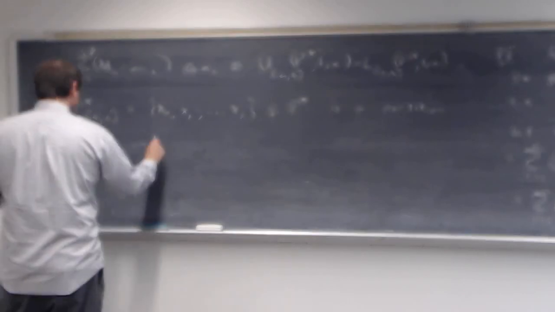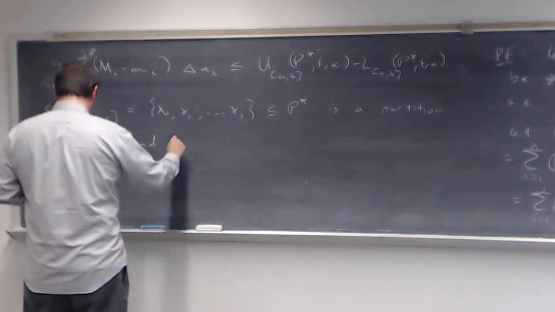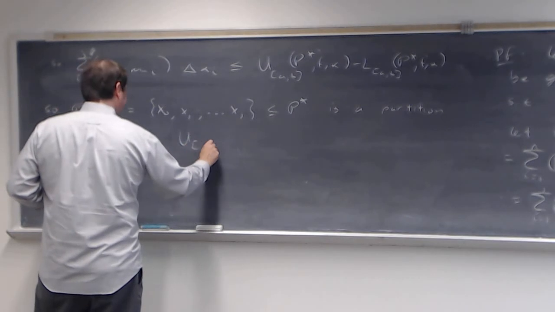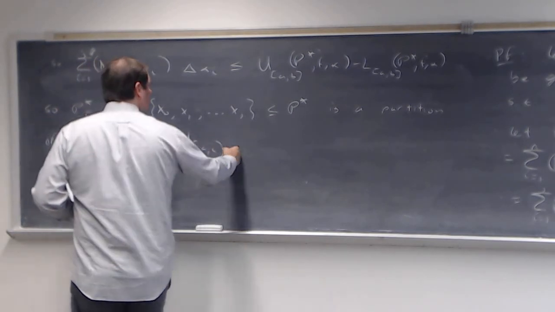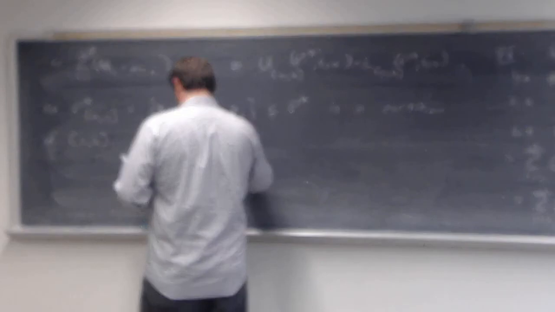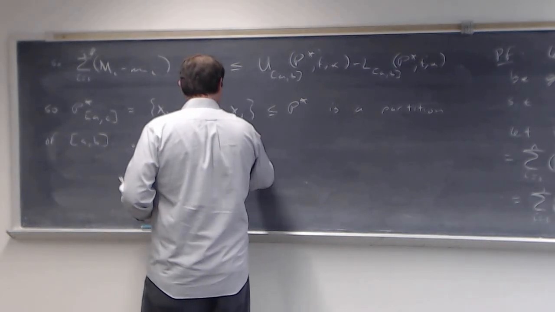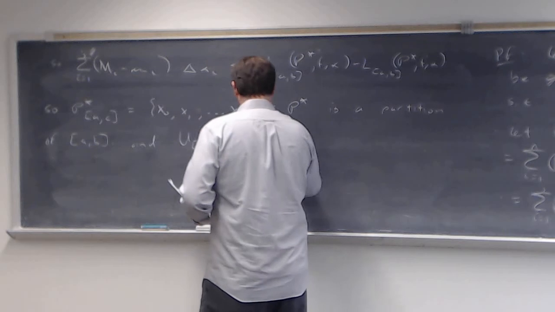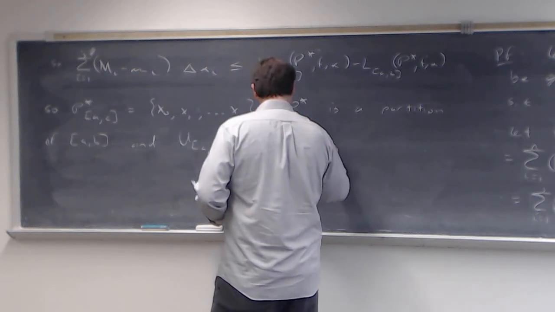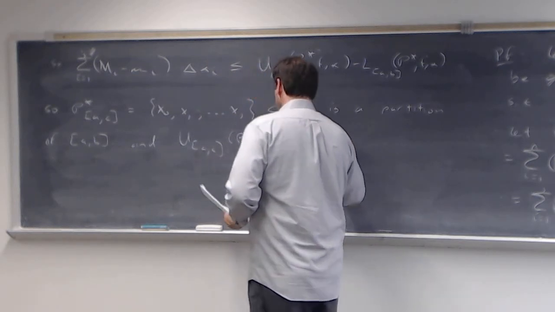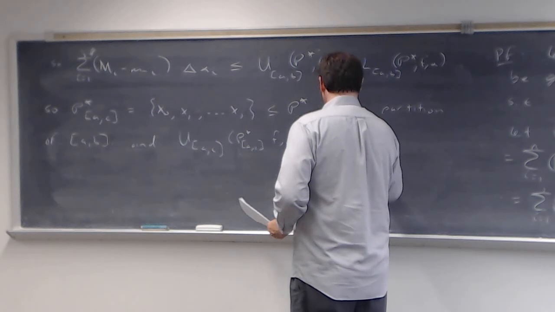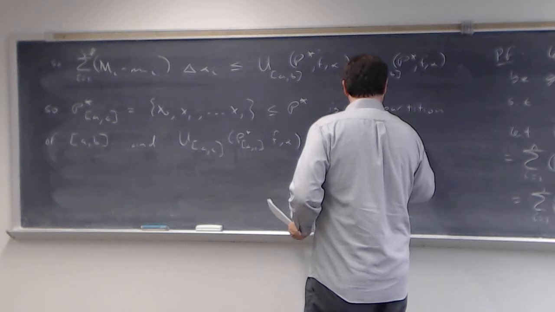And if you look at this upper sum from A to C, with this partition, P star from A to C, F alpha, minus this lower sum over A to C, with this partition, P star from A to C, F alpha.